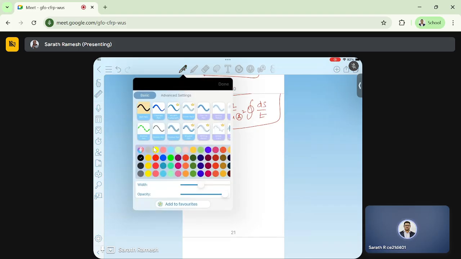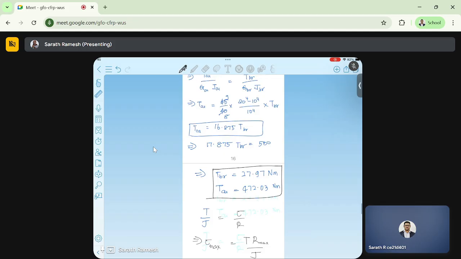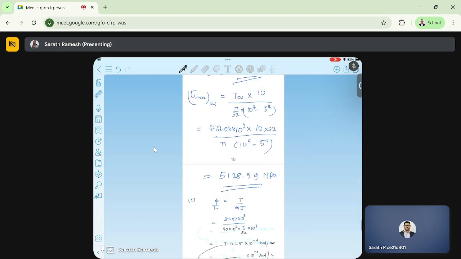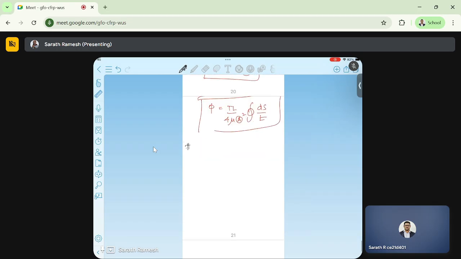Problem number 7. Given a 6 kilonewton meter torque is applied to a thin walled hollow shaft made of material with G equal to 70 gigapascal.